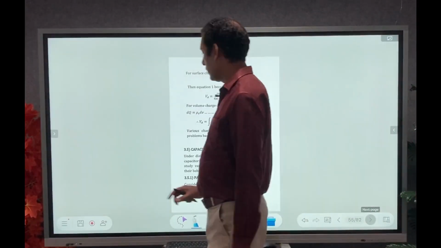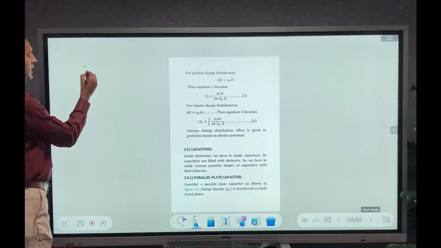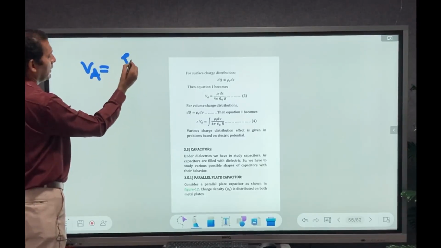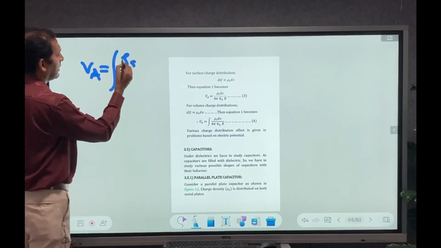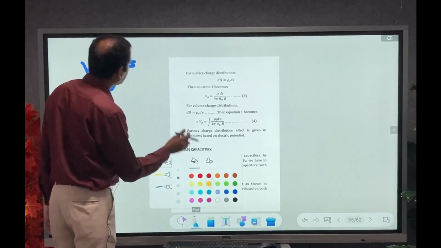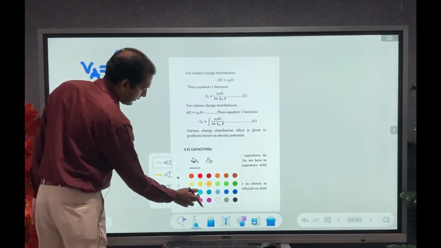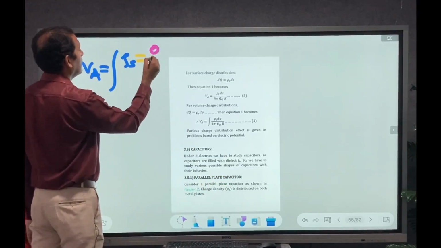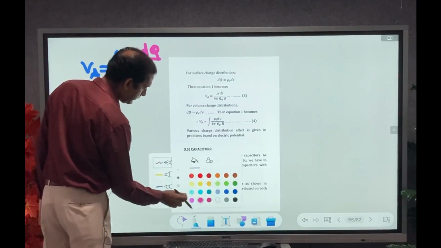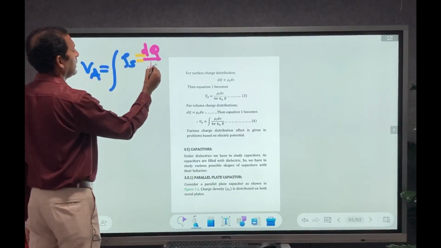Similarly, we can find the voltage for a surface. What will be the difference? The only difference is that now we have to consider surface charge density. Surface charge density is the charge per unit surface, so it will be equal to dq by ds.